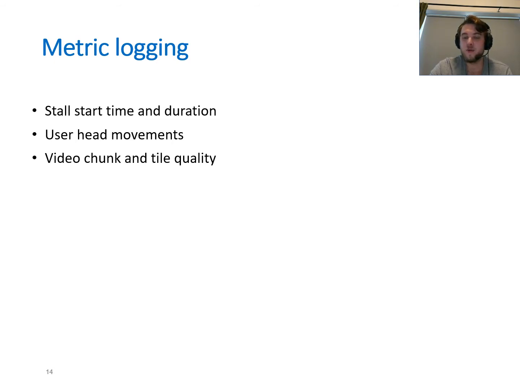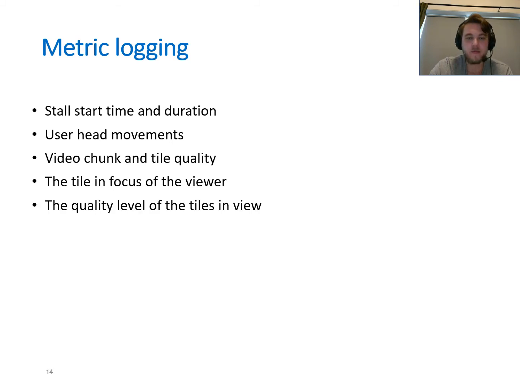If you have 4 tiles and 2 of them are in high quality and the other 2 are low, that gets logged. Then the tile in focus by the viewer, so what's directly in front of the viewer in the video, and then the quality level of the tiles in view. So if there are 4 tiles in the view, 4 qualities will be logged.